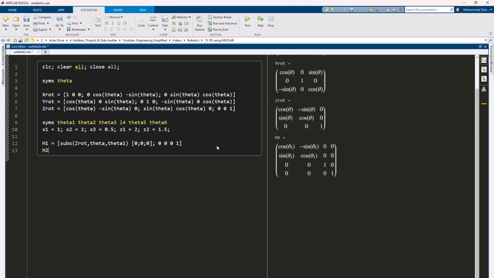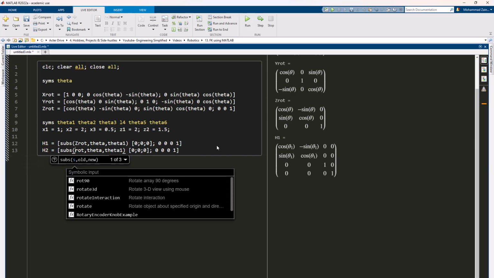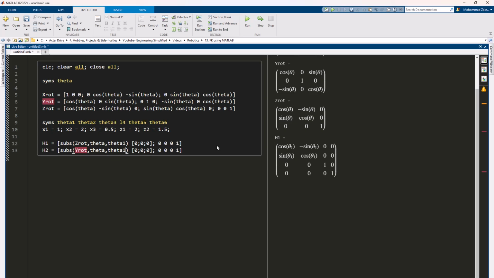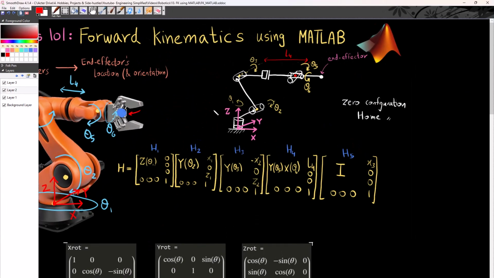Similarly, I can write out h2, or I can just copy it and make changes. So h2 was a y rotation by theta 2, and in the displacement there was x1 displacement in x, 0 in y, and z1 in z. So again, let me bring this up. So I'm talking about this one right here.